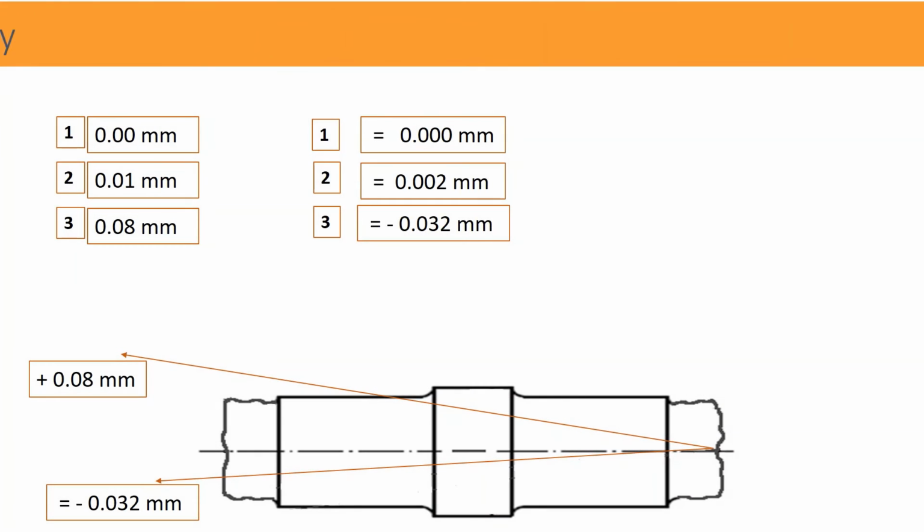Let us now compare both the conditions together. The first one is when there was an error of 10 microns at the datum cylinder, the concentricity measured was plus 80 microns. After that, when the error was reduced to 2 microns at the datum cylinder, the concentricity observed was minus 32 microns.